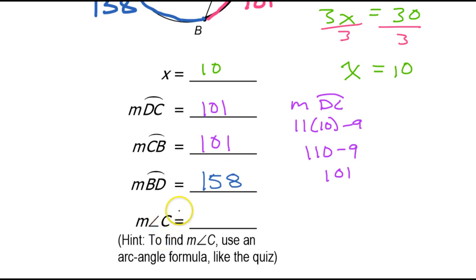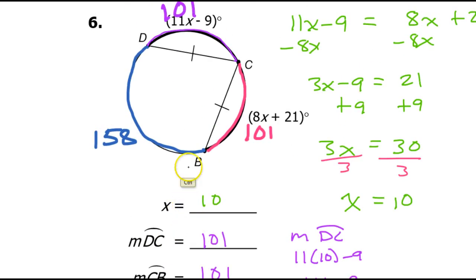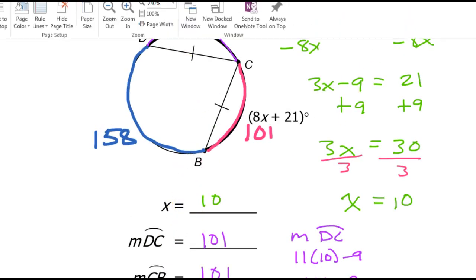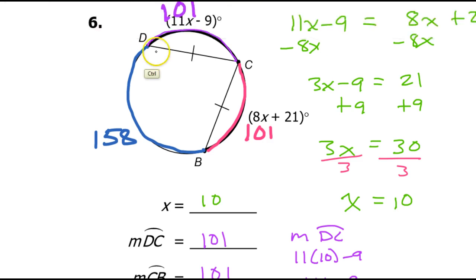Now the measure of angle C, what's up? Well, look at the pizza slice that is created if I highlight this angle right here. Notice that the vertex is on the circle.